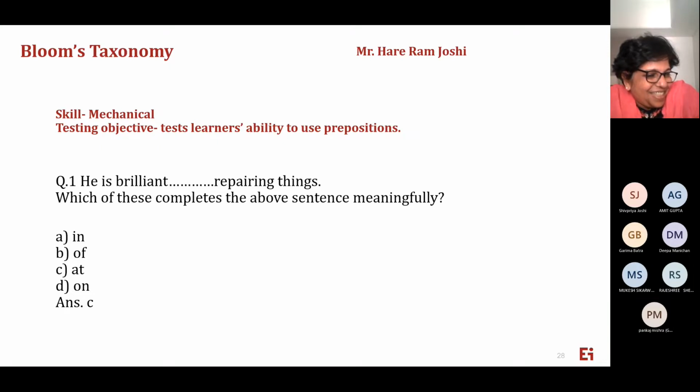Okay. So yes, I am not fully agreed, but most of what Joshi sir has said, I agree that it is mechanical, but it will require a bit of understanding as well. Because generally, when we study or teach prepositions, there are many ways to do it.